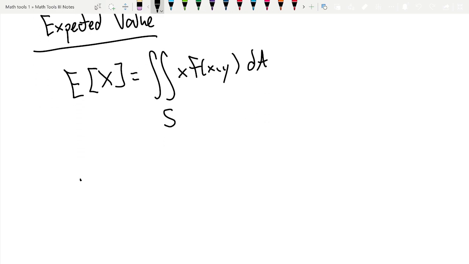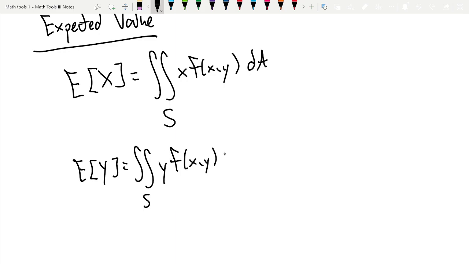Or if we wanted to do y instead, we would do the integral over S of y f(x,y) dA. So not much more to the problem really. You're just multiplying whatever the function is by x or by y, or whatever's in the expected value.